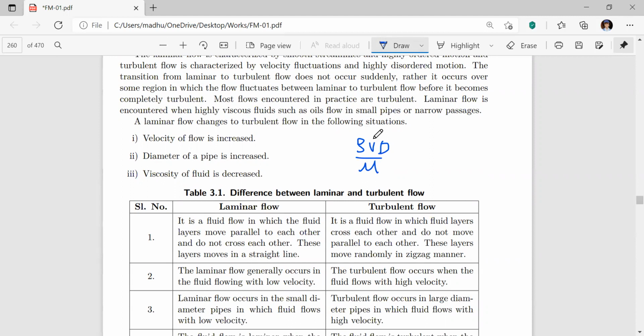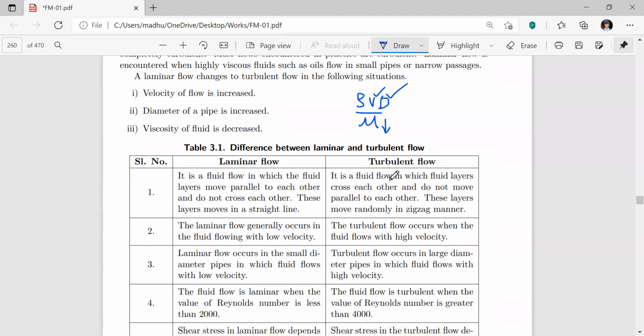If velocity increases, diameter increases, or viscosity decreases, then this quantity increases. This is Reynolds number. If it goes beyond 2000, then it is transition. If it goes beyond 4000, then it is turbulent flow.